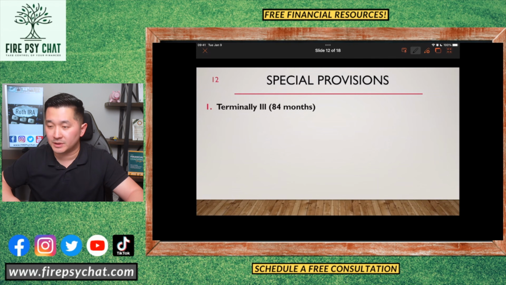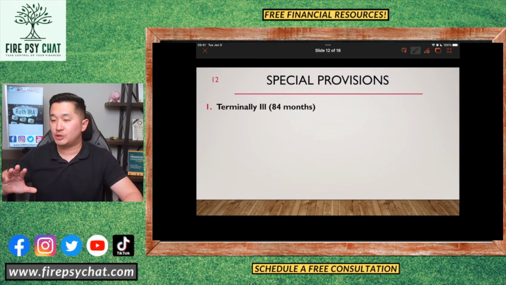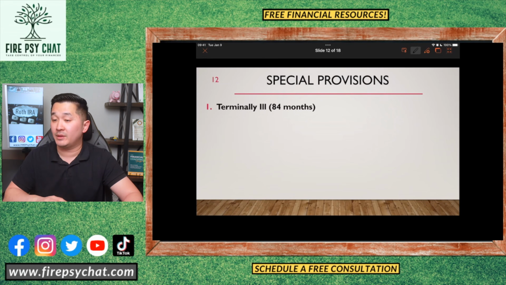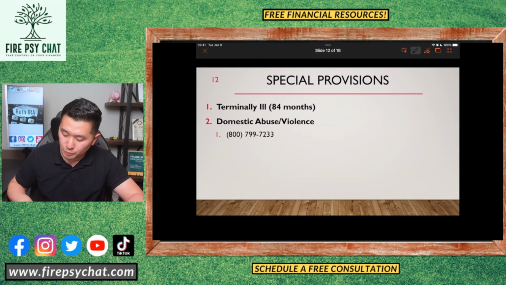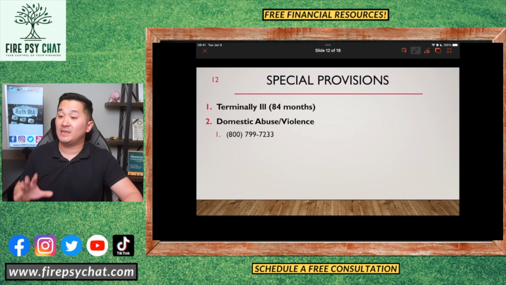First, your 10% penalty is waived if you're considered a terminally ill patient that will result in death within 84 months of a doctor's assessment. And 2, if you're a victim of domestic abuse or domestic violence, you can withdraw up to $10,000 within the year of the incident, but this rule doesn't take effect until 2024.